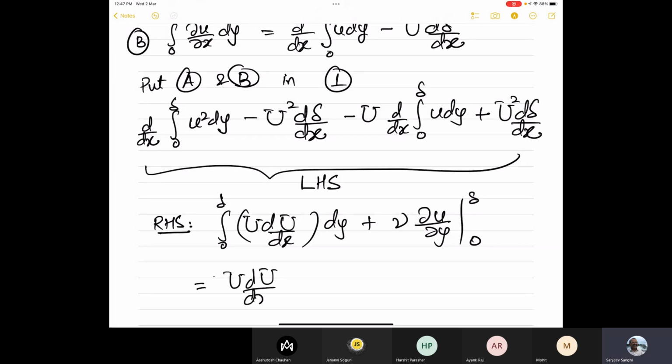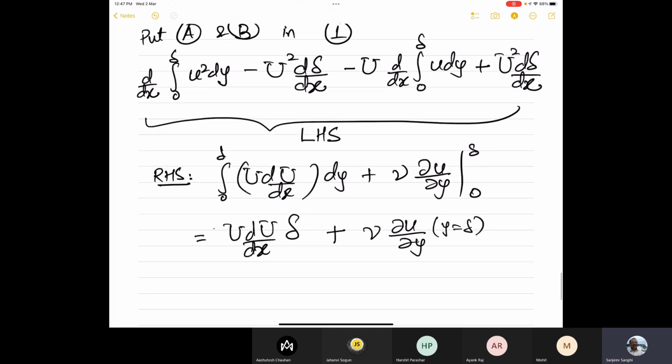This is not a function of y, so you can pull it out of the integral, times delta, plus nu times du by dy at y is equal to delta, minus nu times du by dy at y is equal to 0.